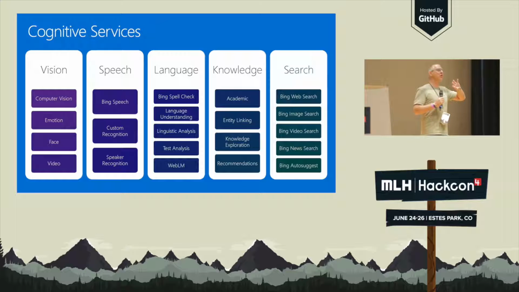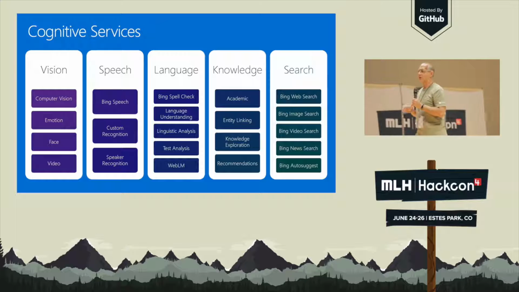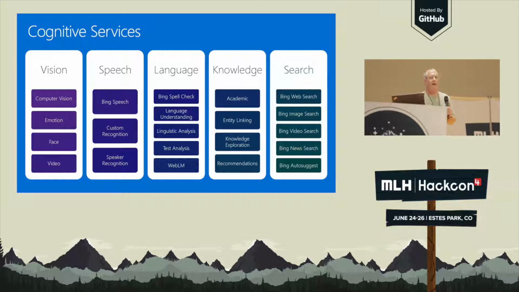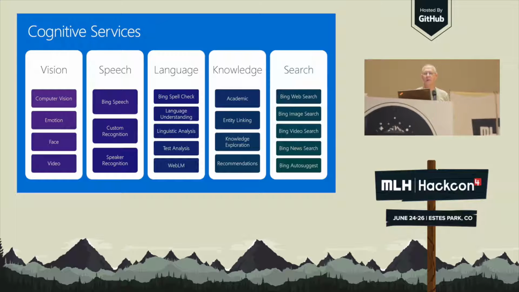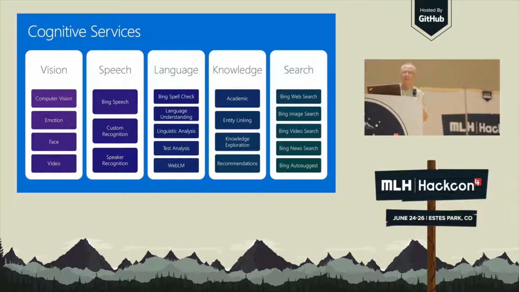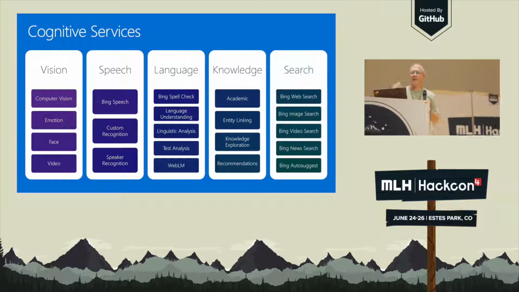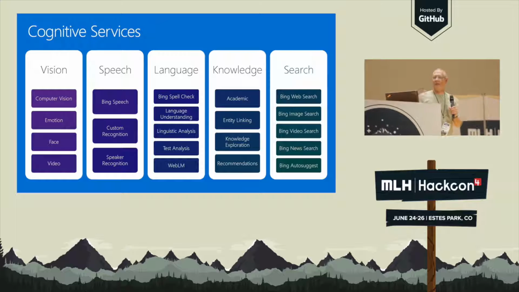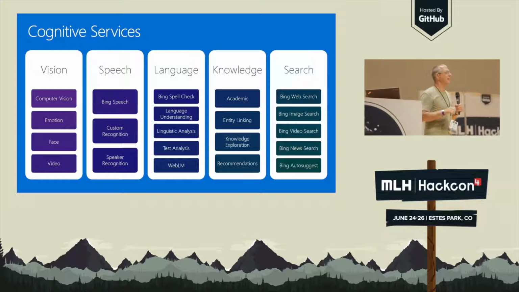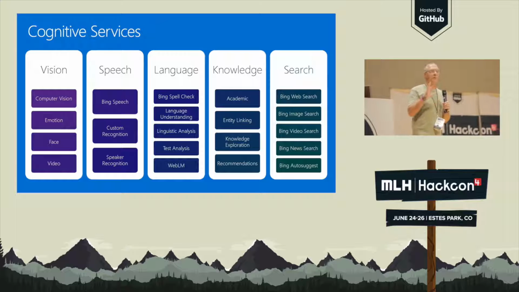We've got quite a list of different APIs. This is the website, and you can see the list: computer vision, emotion recognition, face recognition, video search, speech recognition, spell check, and lots of other kinds of APIs worth exploring.